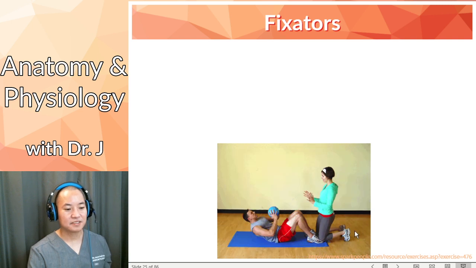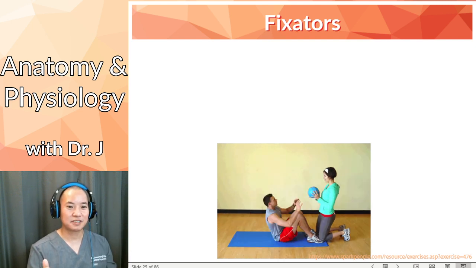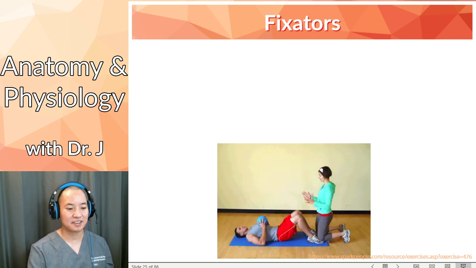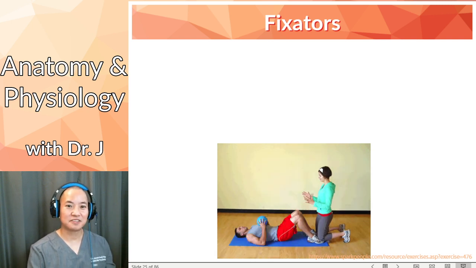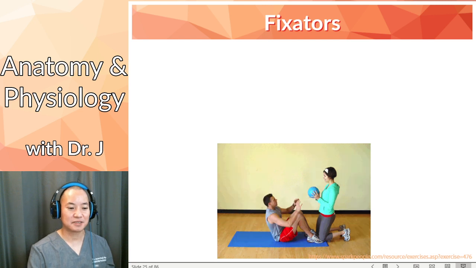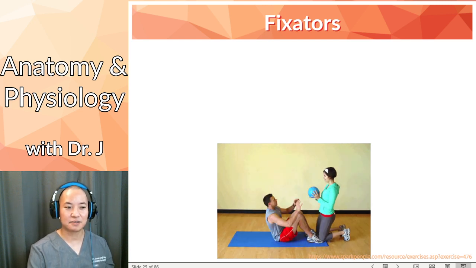Now, if you've done this exercise, and I remember it from PE back in grade school and high school: is it easier to do a crunch when you're doing it by yourself, without anybody holding your ankles or feet, or with someone holding your feet? Typically it's easier when you have someone fixating and helping to stabilize your overall movement.